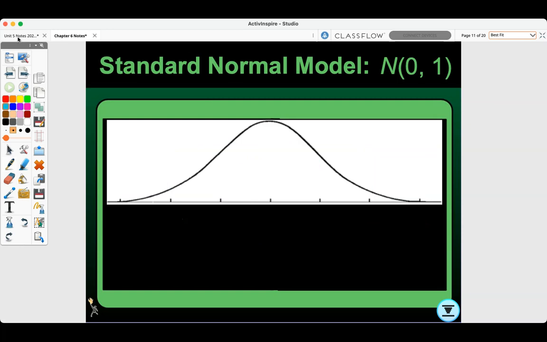And when we use the standard normal model with 0 and 1, that's when it's in terms of your z-scores. With 0, 1 standard deviation, 2 and 3, -1, -2, -3. And here, the 68, 95, 99.7 rule still applies.